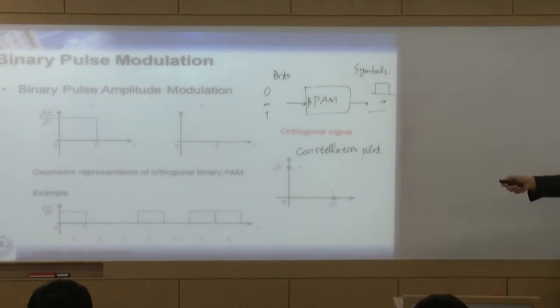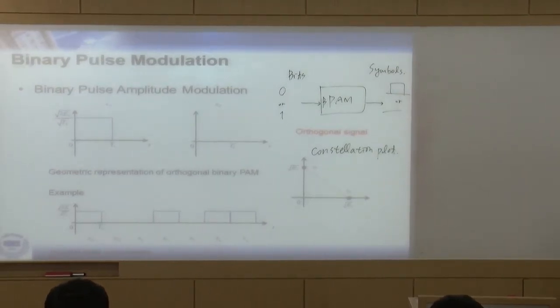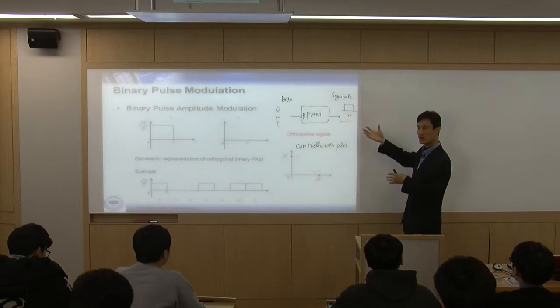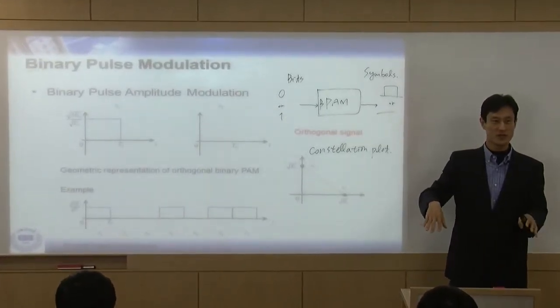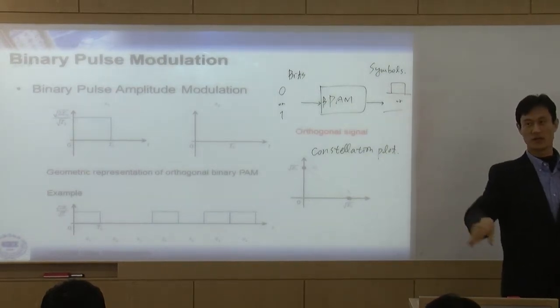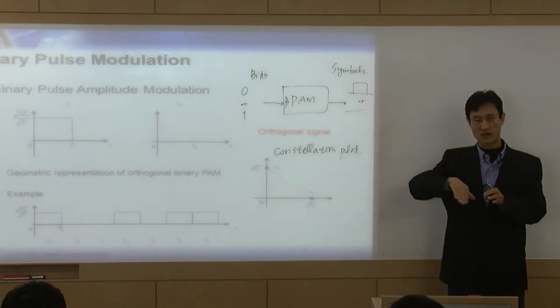Remember that PAM kind of modulation is only used in chip-to-chip communication, right? This is not wireless. We are not transmitting this signal wirelessly. So the channel is like a wire, for example. Through that wire, these symbols go to the receiver. So this is what we transmit to the channel.